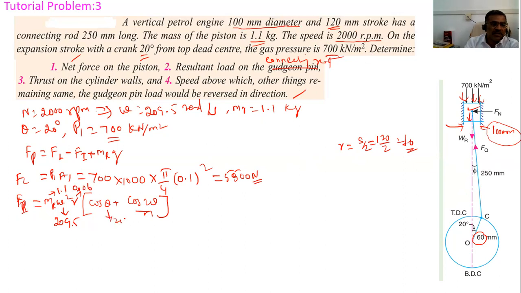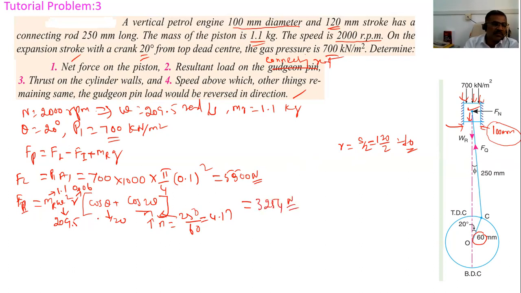Theta is equal to 20 degree and n is equal to L by R. What is the value of L? L is equal to 250 and R is equal to 60. That value you put, n is equal to 4.17. If you put, you can find the value of FI, that is 3254 Newton.